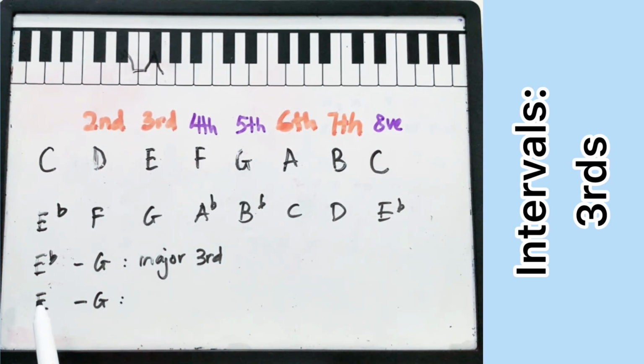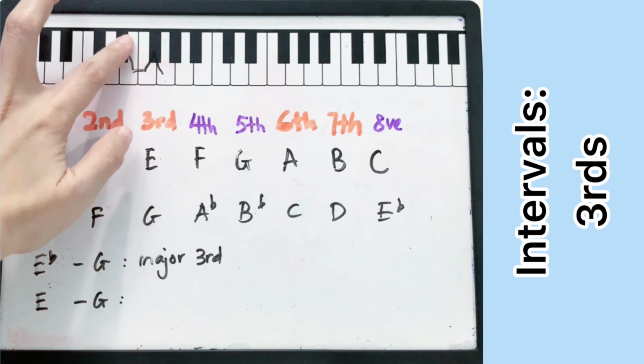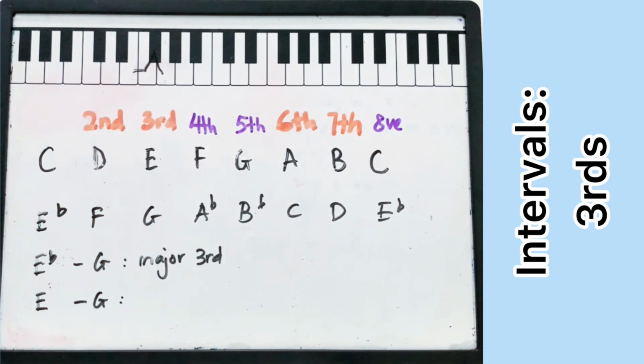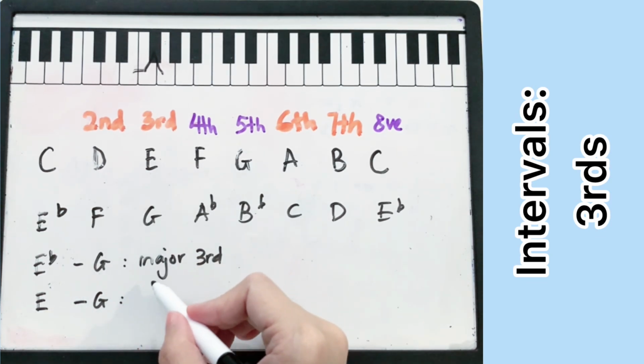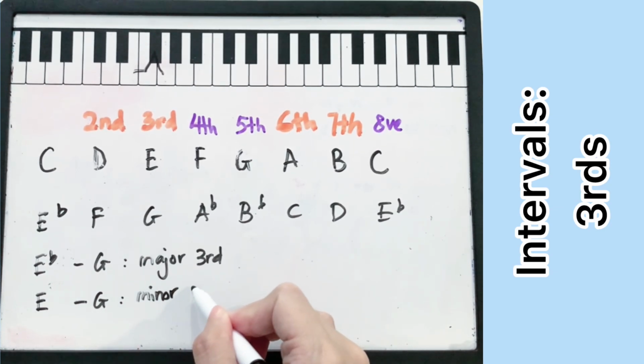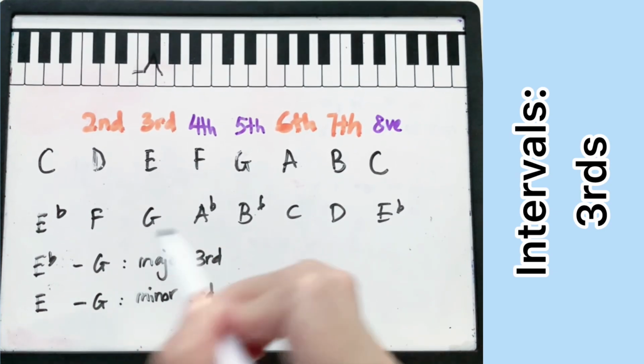And now that we have E as a white key, that means our starting point will be from E, which means that the total distance has been shortened. So what happens when the distance is shortened? Major becomes minor. So this is a minor third.